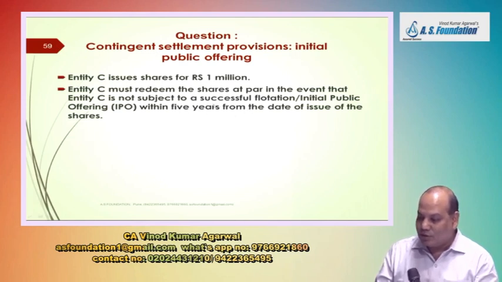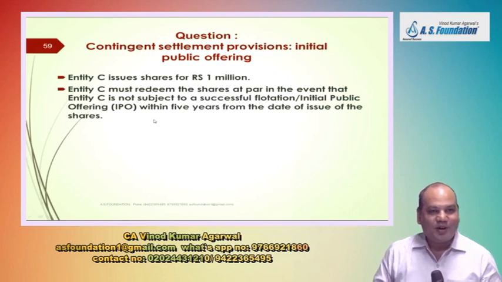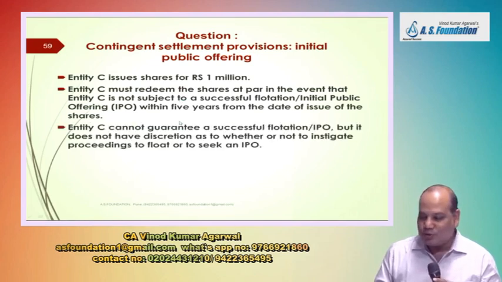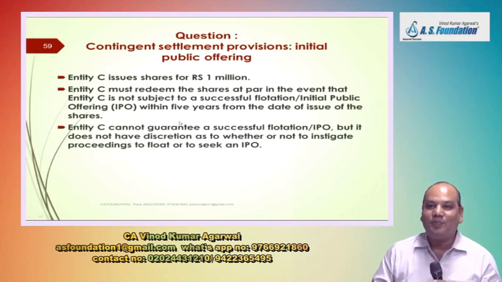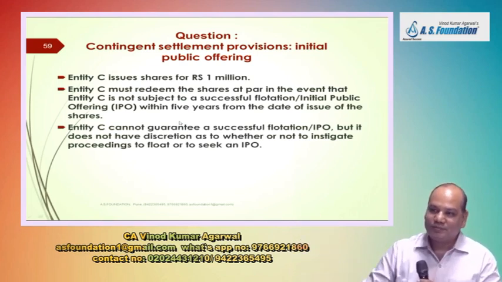Although you can't guarantee successful flotation, you can't stop 5 years from passing. Time will pass, and after 5 years you have no option but to bring an IPO. If you bring an IPO, the redemption will get triggered and you will have to pay the amount. So you don't have the discretion to avoid the payment. You can only delay it up to 5 years.